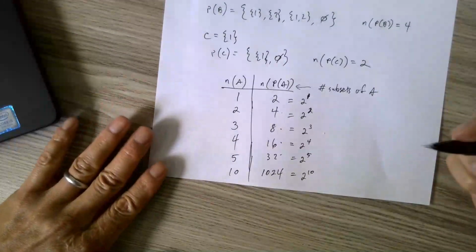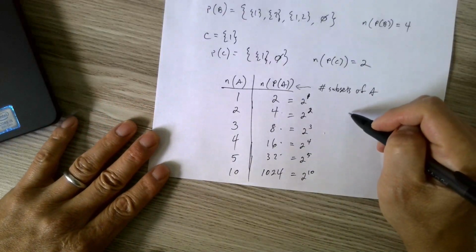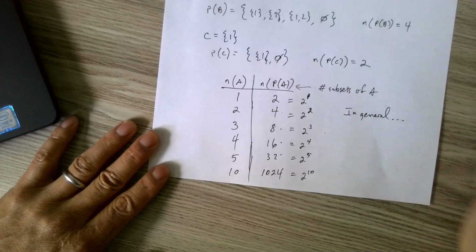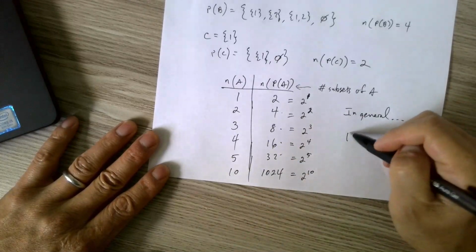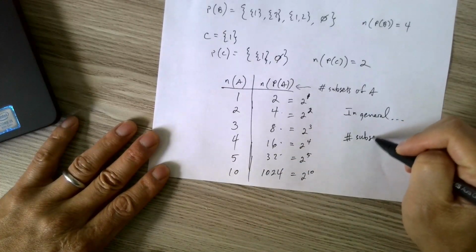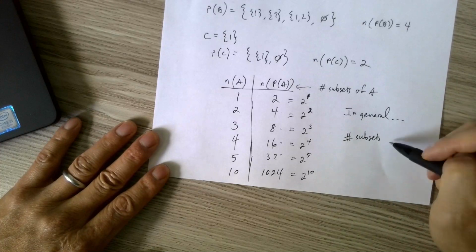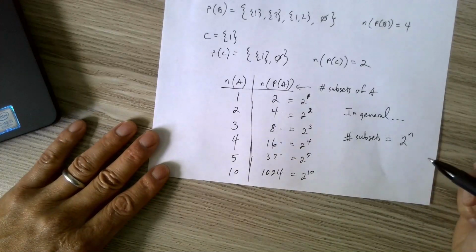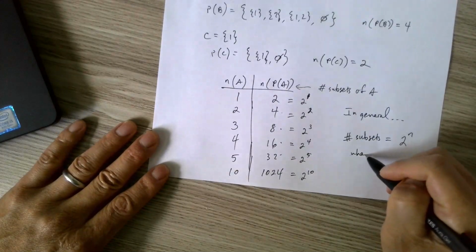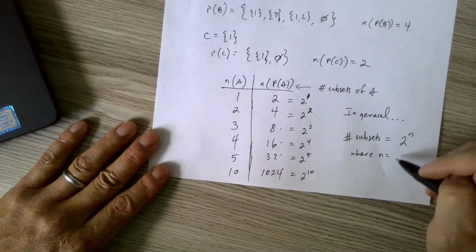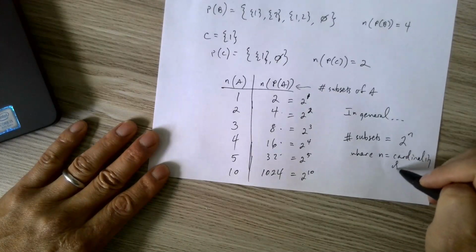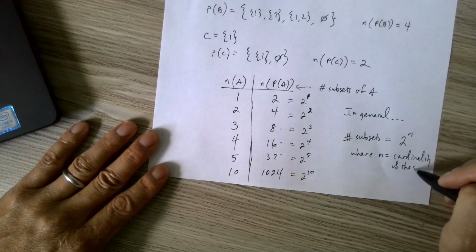So, in general, to sum up, the number of subsets equals 2 to the n, where n is the cardinality of the set.